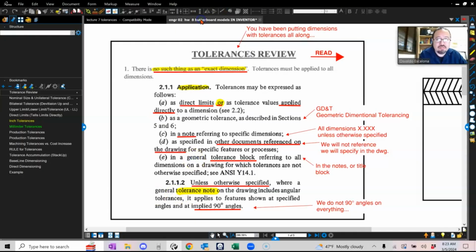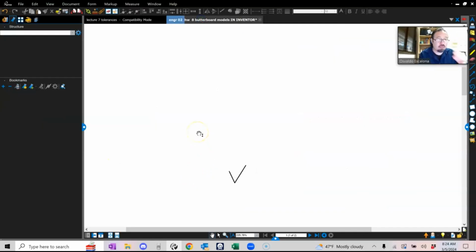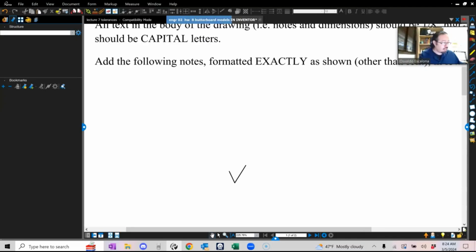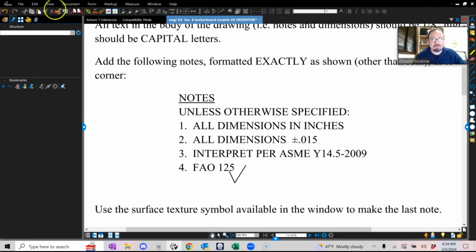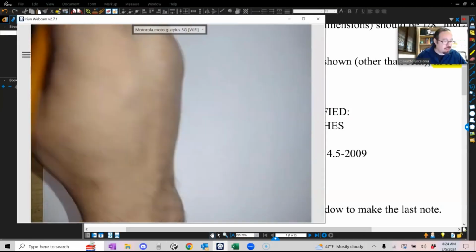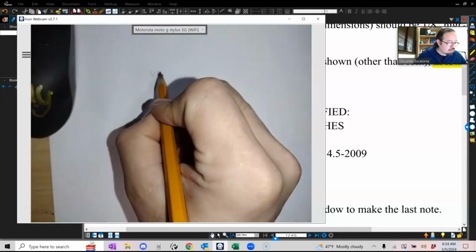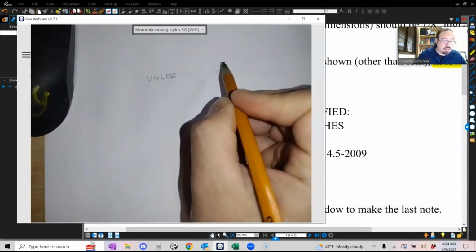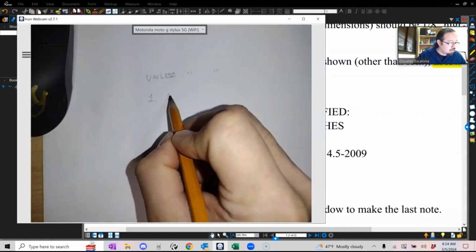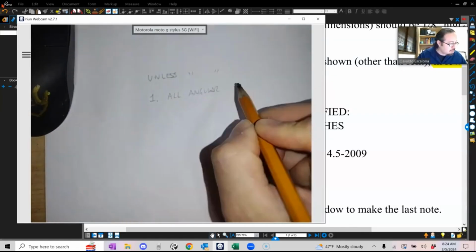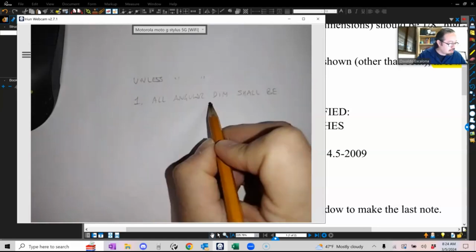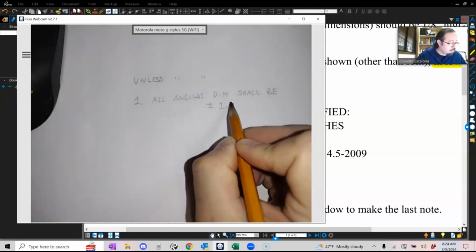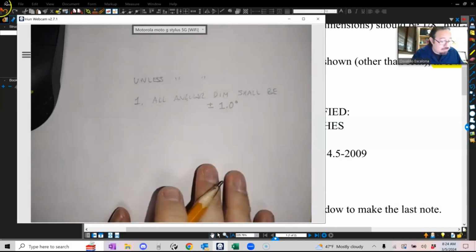So what it's telling you, if you go over here to the regular note that we do all the time, it should have another note that says, unless otherwise specified, all angular dimensions should be plus minus, I don't know, 1.0 degrees, something like that, right?